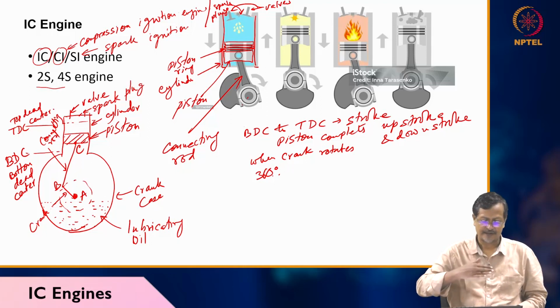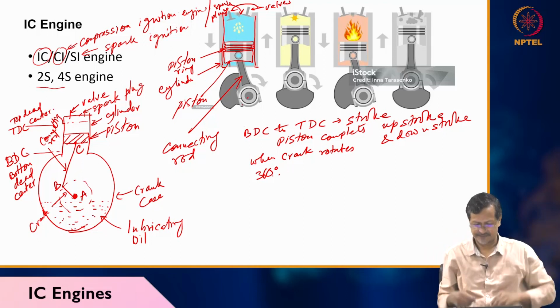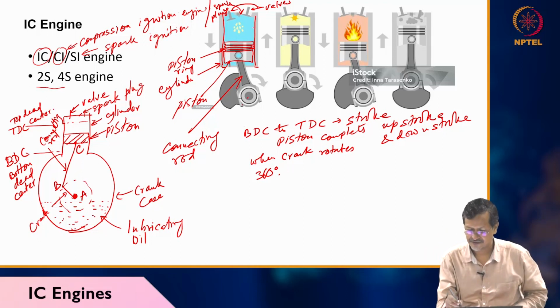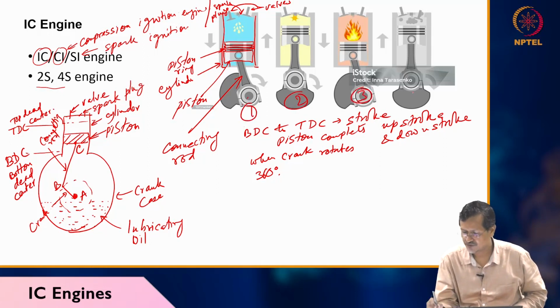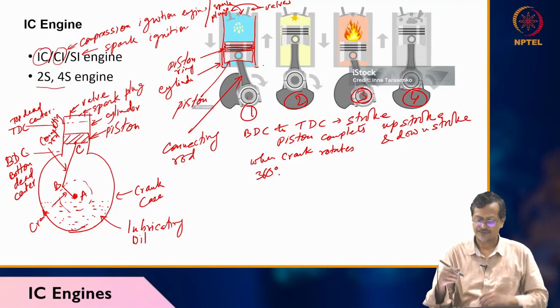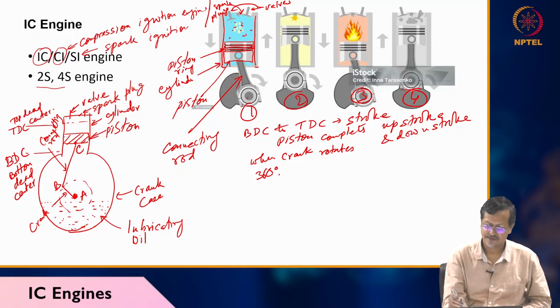Now what is happening when the piston is moving up? Let's close all the valves. You see the second picture, I will put numbers 1, 2, 3, 4. Look at the top pictures. First you take the air fuel mixture inside the cylinder, picture 1.